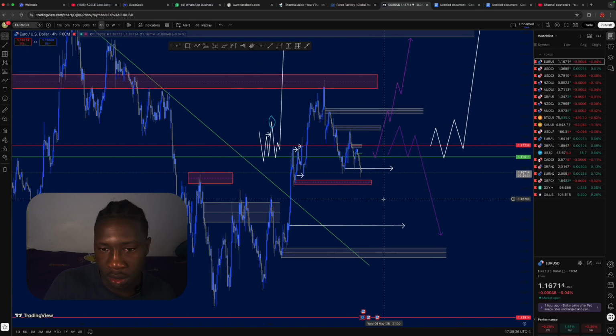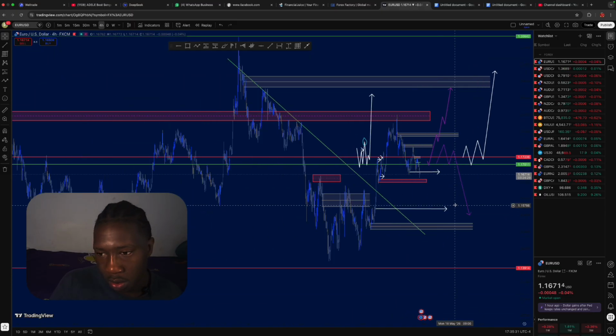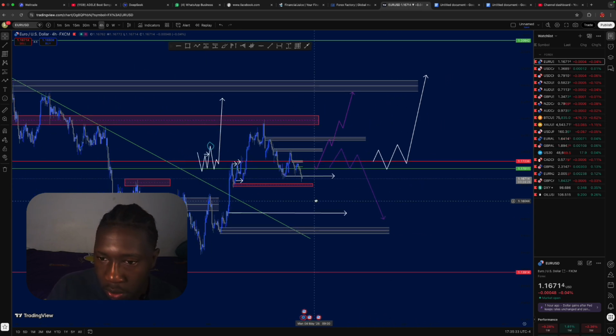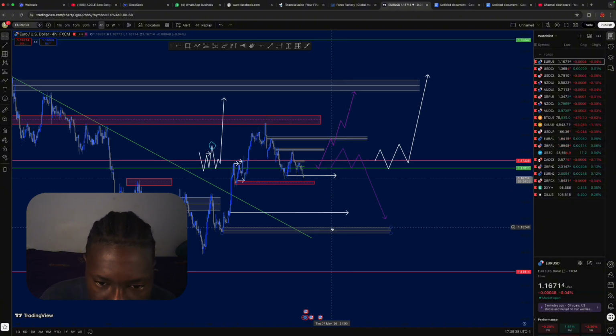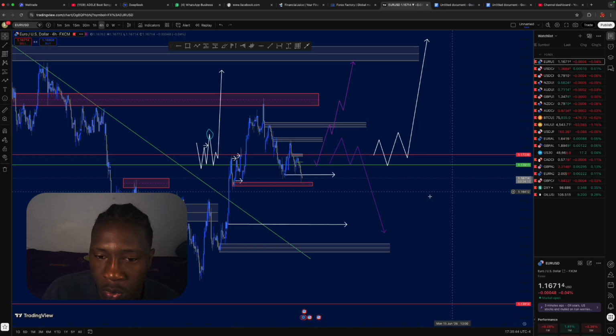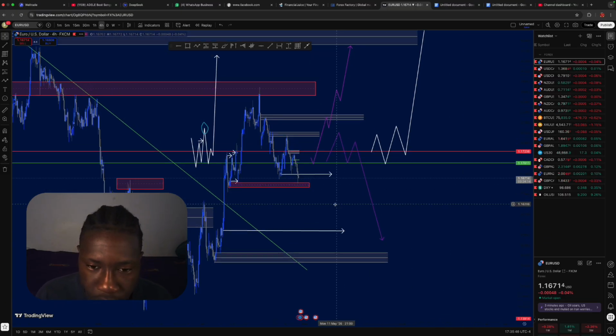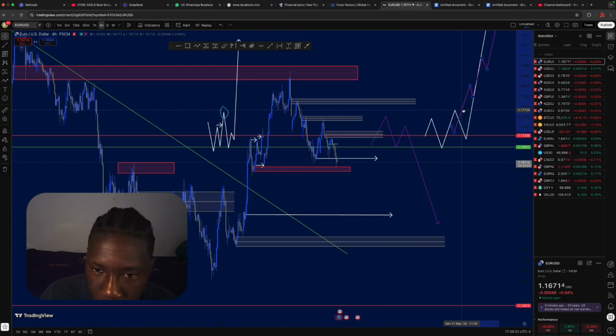This is where I want to put my main focus, because we are now heading to the downside, but we have this zone that needs to be broken before the market will move down. So what I need to see is that the market will retest to the upper side, to this zone.